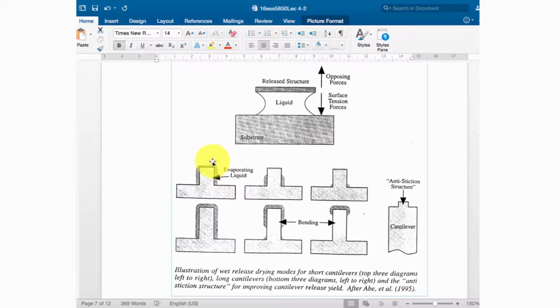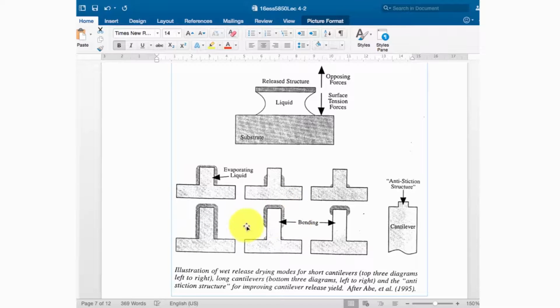After you take out the material under the cantilever beam, you want to dry the etchant, actually have the water wash, so you have only water retained on the whole substrate. And then when you dry out the rest of the water, some water will be retained under your cantilever beam.